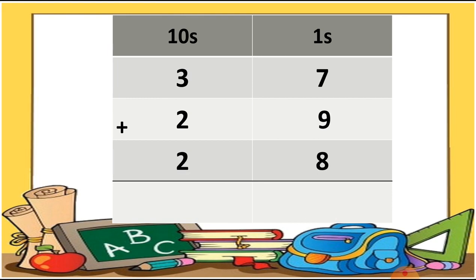Next one, the ones column is 7 plus 9 plus 8. So the total of this column is 24. Now we can write number 4 under the ones column because 4 is at the ones place, and 2 will move to the tens column because 2 is at the tens place. We can move this number as a carry forward number.